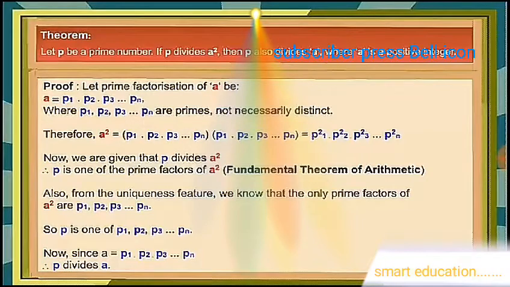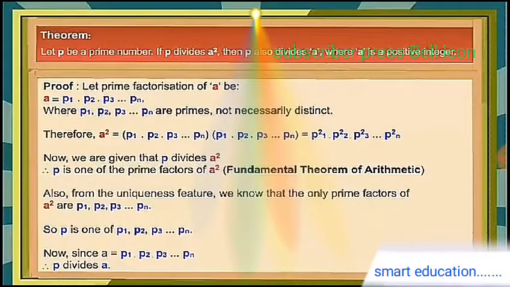Let the prime factorization of a be as follows. a is equal to p1 into p2 into p3 and so on till pn, where p1, p2, p3 till pn are prime numbers and are not necessarily distinct.